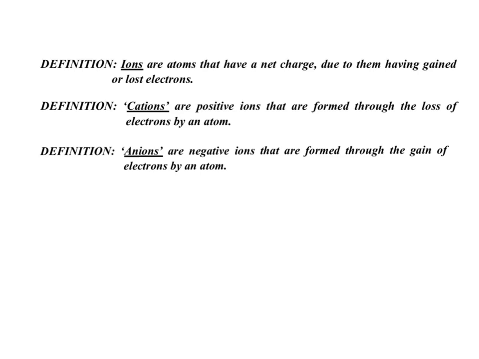So the first part is atoms that have a net charge, that would be assigned a mark, and then the second mark would have been for having gained or lost electrons. The second definition is that cations are positive ions. They are positive ions that are formed through the loss of electrons by an atom.